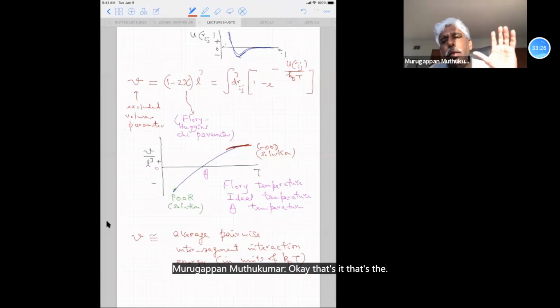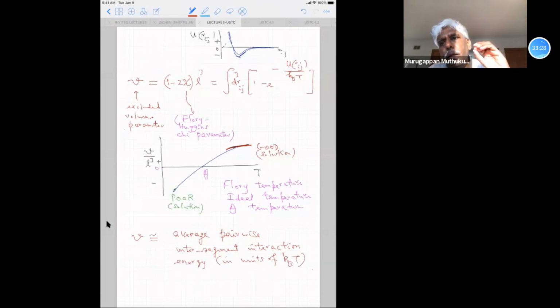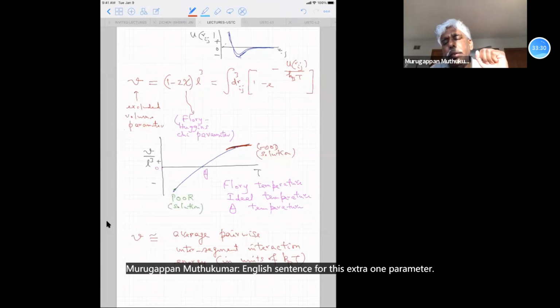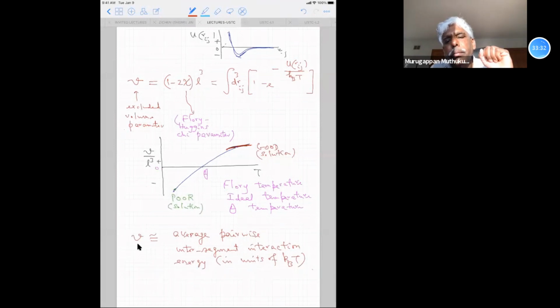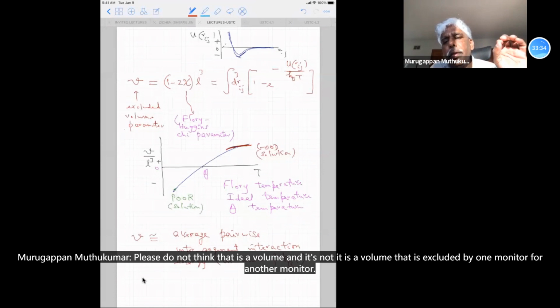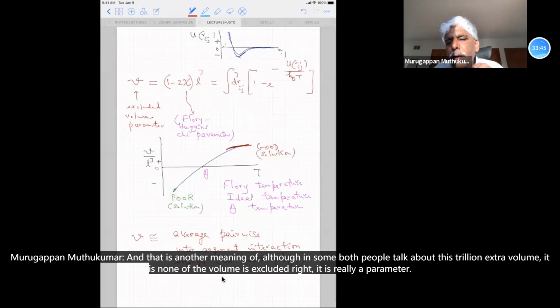Okay, that's the English sentence for this excluded volume parameter. Please do not think that it is a volume, it's not. Although in some books people talk about this as an excluded volume, it is not the volume that is excluded.